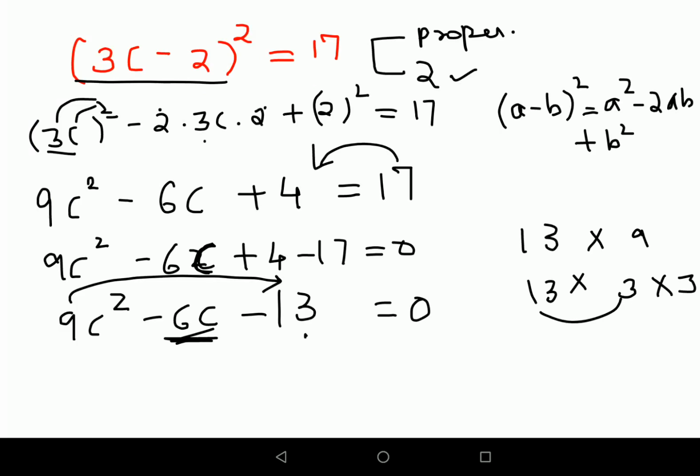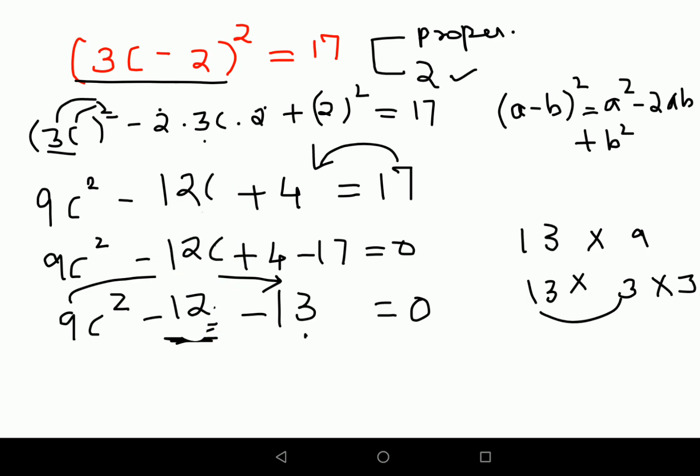So now what we'll do is we'll write down again 9c square minus 6c minus 13. Sorry, this is not 6c. My bad, this is absolutely my mistake. I will just write this again. Here it is not 6c, it is actually 12c.